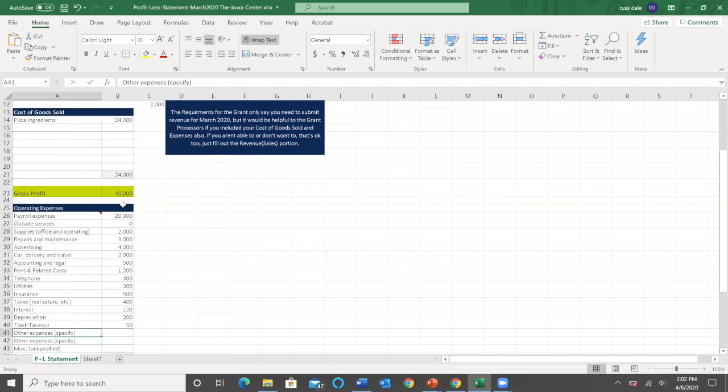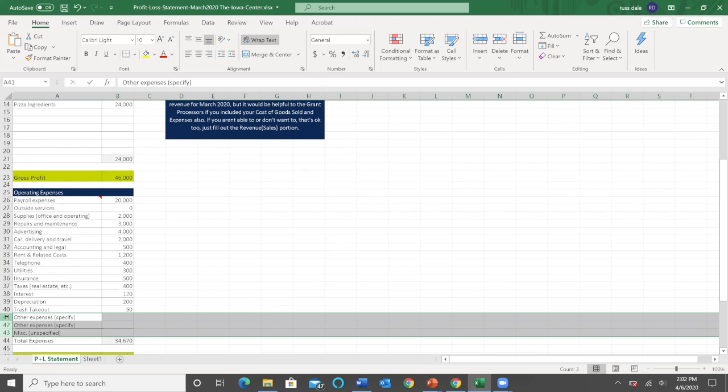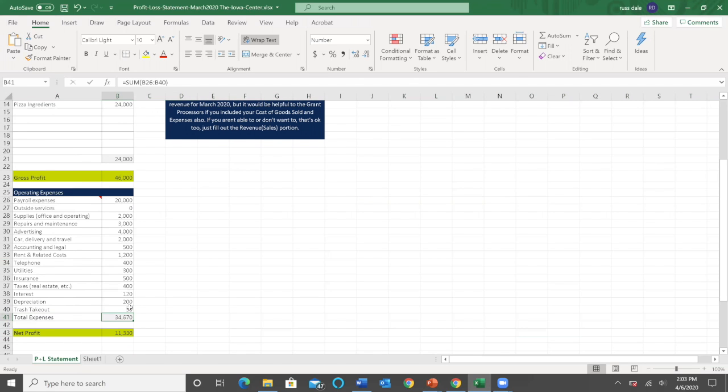If you have other expenses, just add them here, or if you don't use an expense, just get rid of it. Delete. So I had $34,670 in expenses for a total net profit of $11,350.